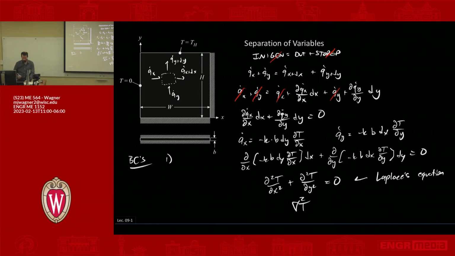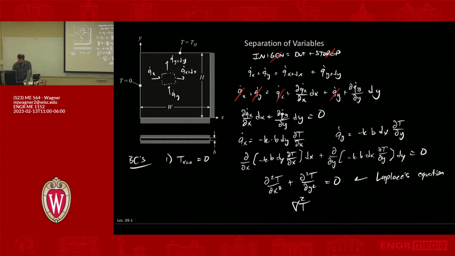So boundary condition 1 is going to be at x equals 0. So T at x equals 0 is equal to 0. Boundary condition 2, right? These are in no particular order. Let's stick with the x direction. So boundary condition 2 is going to be at x equals whatever that is, w.